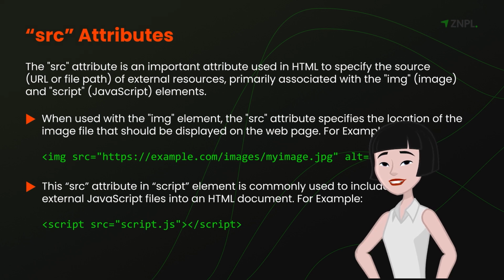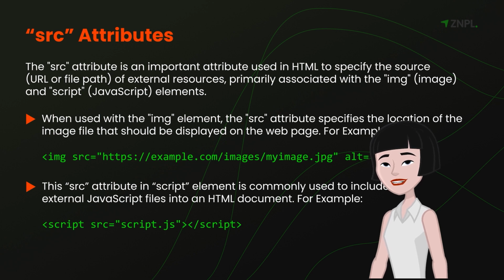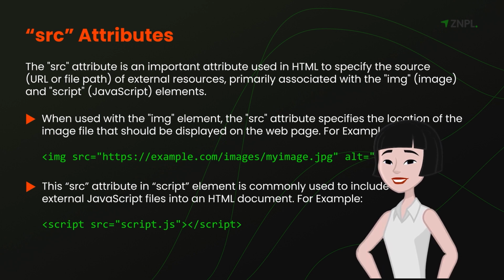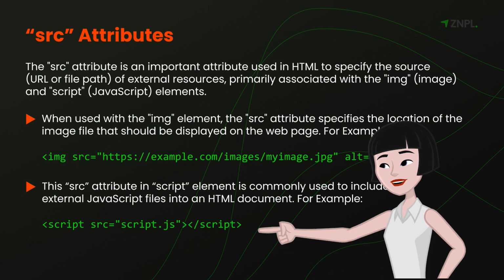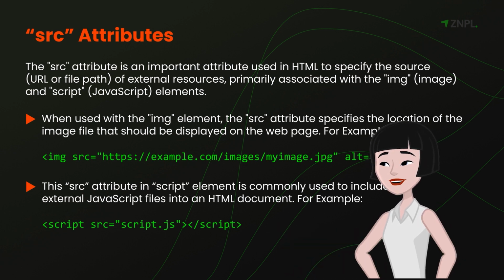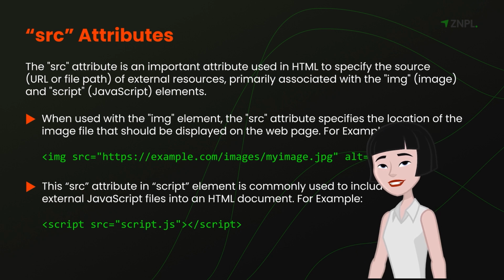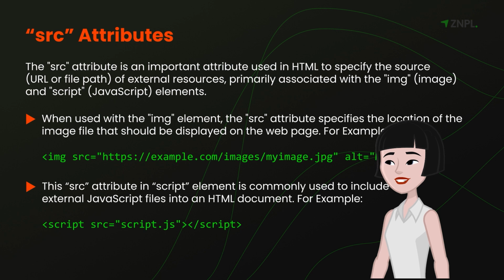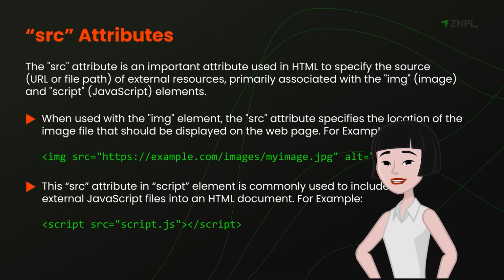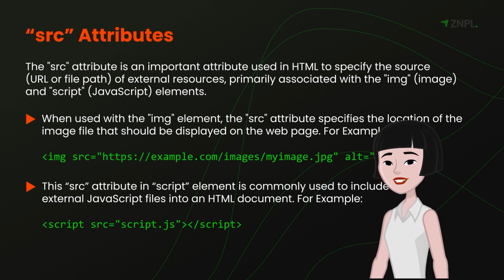The value of the src attribute is typically a URL pointing to the image file on the web, or a relative file path within the website's directory structure. For example, in the above example, the src attribute is set to the URL, indicating that the image file myimage.jpg should be fetched from that location and displayed on the web page.